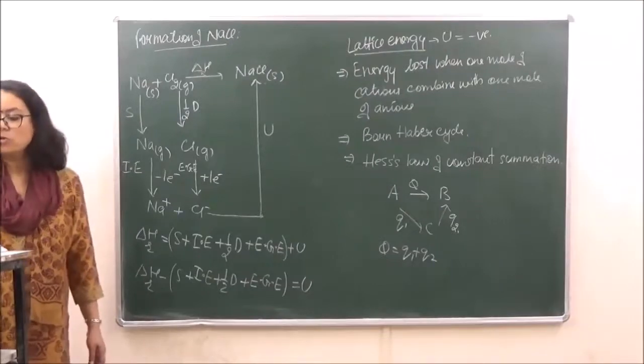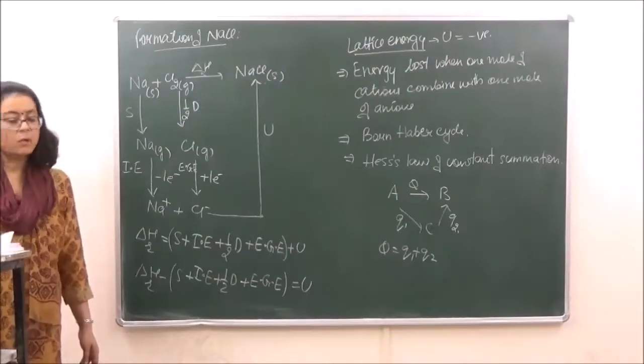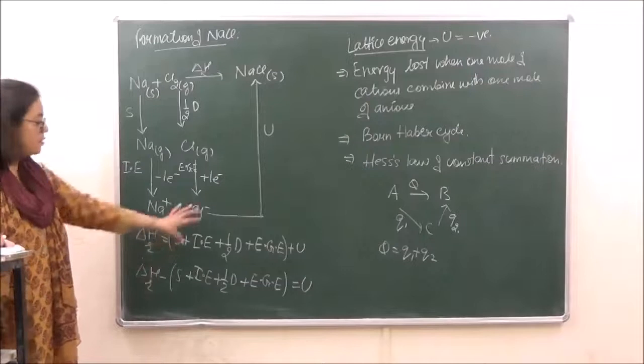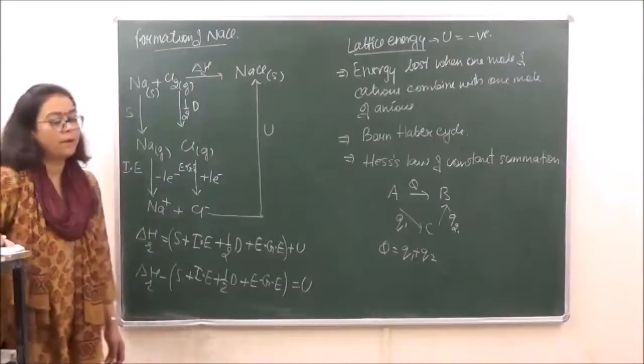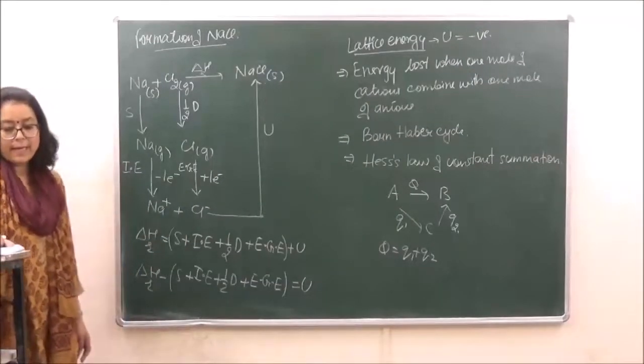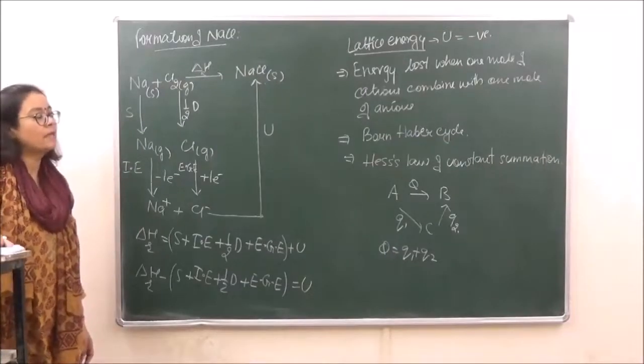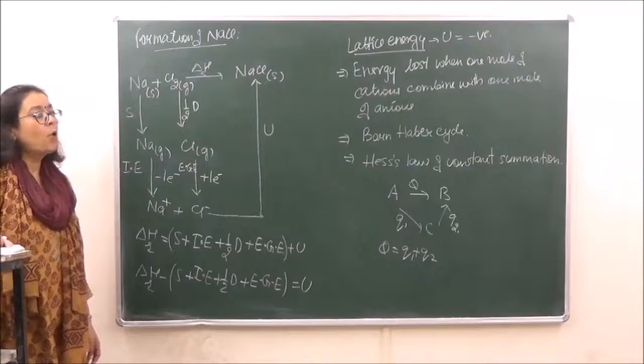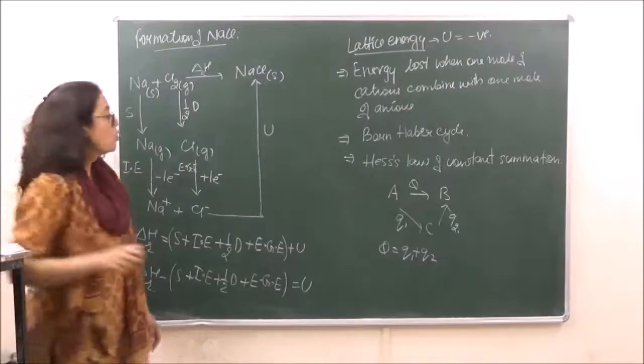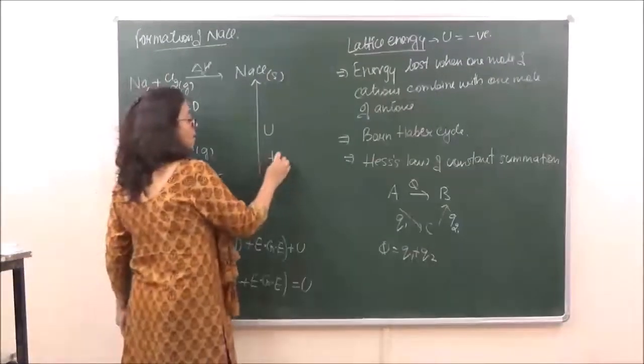Okay? This we will also do in thermodynamics once again, but over here only this much is required for you to remember. Now over here we say that all the compounds which have a high value of lattice energies, that is, more energy is released, what will the consequences be?